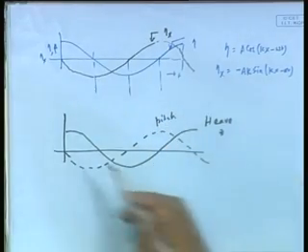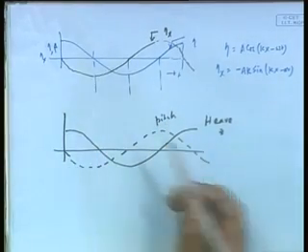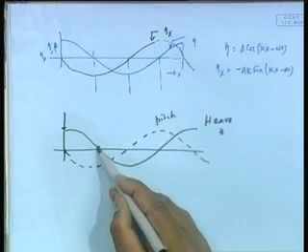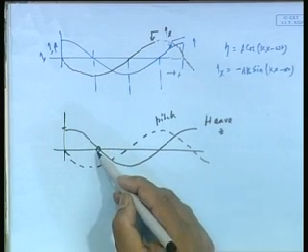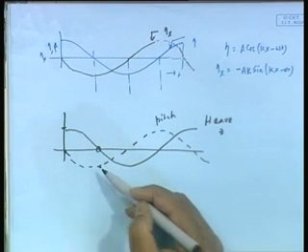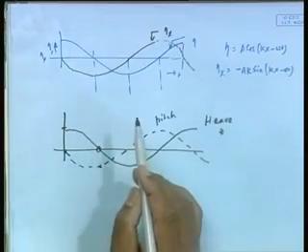You can see that there is a phase gap between heave and pitch. When my heave is maximum, my pitch is 0. When my heave is 0, my pitch is maximum. You see that phase gap between the two.